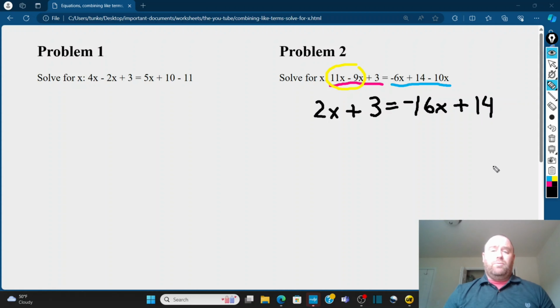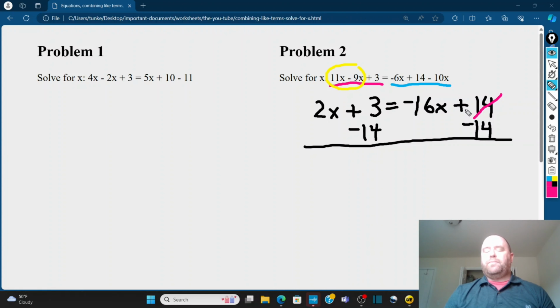All right, just to do a little bit different than the previous problem, let's move the numbers over to this side over here. So I'm going to subtract 14 from both sides. So I'm getting rid of the addition of 14.